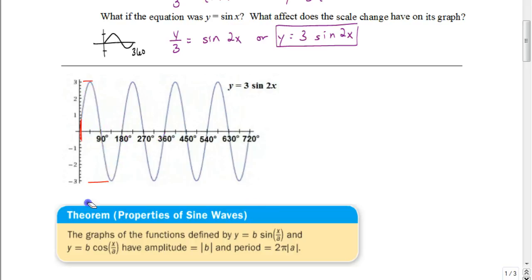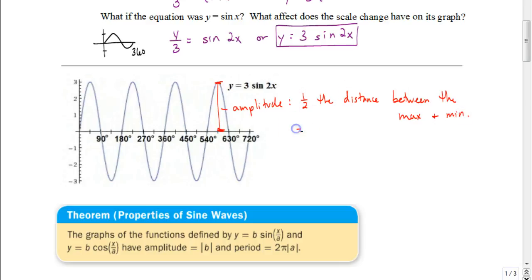Now from this graph, there's a few pieces of information that would be good to look at. The first of which is a new term. This new term here is called the amplitude. And that's the distance, as they're drawing here, from the center line, some places will call that the equilibrium, to the maximum value, or the way that our book describes it, it is 1/2 the distance between the maximum and the minimum.